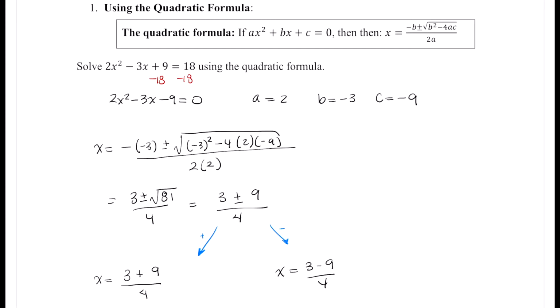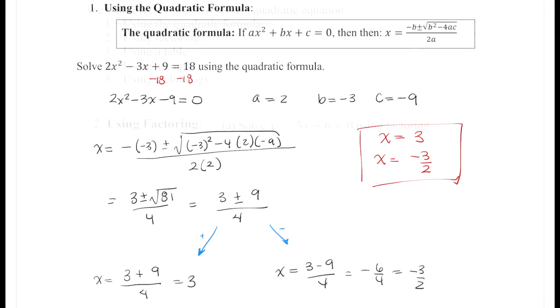So 3 plus 9 divided by 4 gives us 3, and 3 minus 9 divided by 4 gives us negative 6 over 4, which is negative 3 halves. So our two answers are x equals 3 and x equals negative 3 halves.